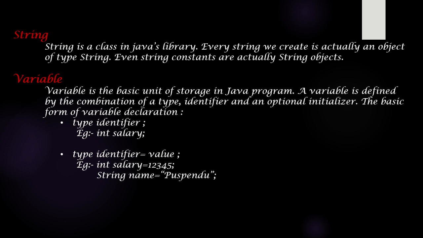In the same way, I have assigned a string value. As you can see, the string value is enclosed within double quotation. One thing to keep in mind is that we have to declare the variable first before we can actually use it. You may use these variables only after you declare them.